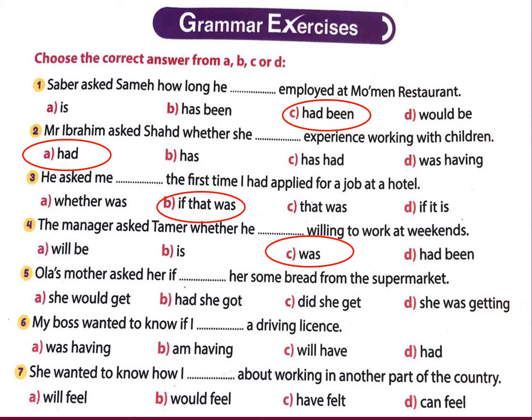If she would get. Number 6. My boss wanted to know if I had a driving license. Number 7. She wanted to know how I (blank) about working in another part of the country. How I would feel. Thank you.